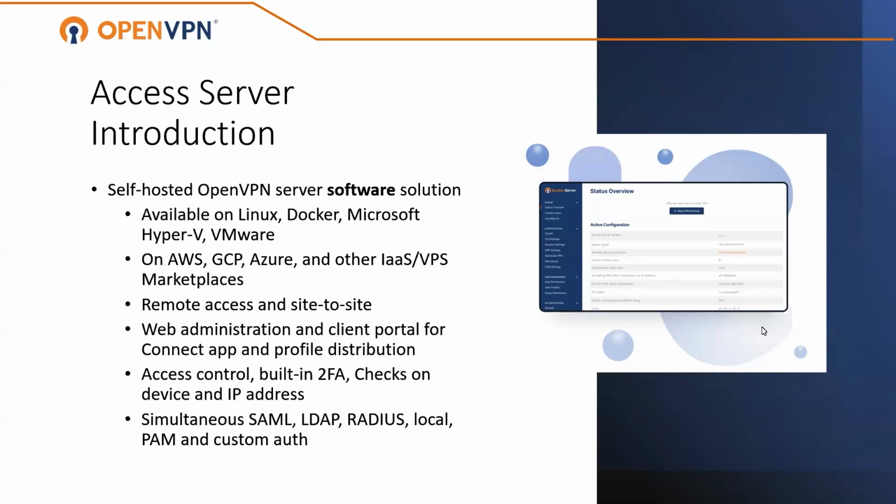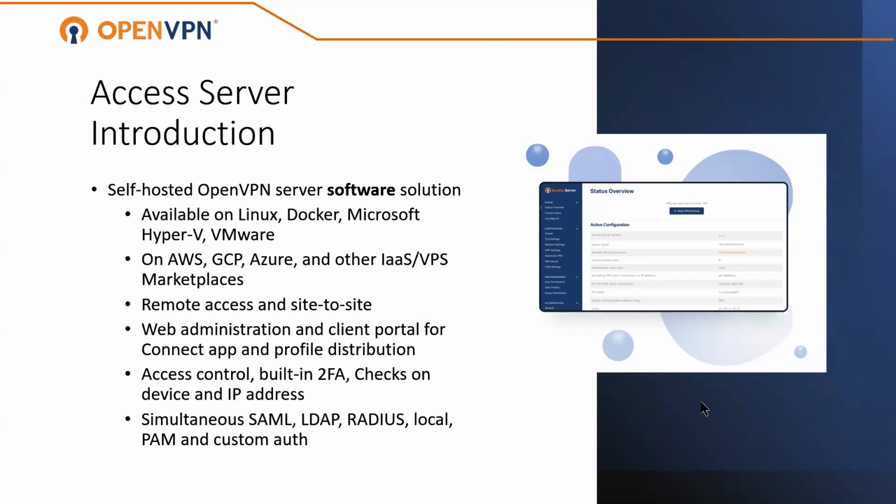That provides least privilege access to only those destinations that are required and authorized for the authenticated user to use. All this configuration can be done fairly easily using the administration web portal that resides on the Access Server.